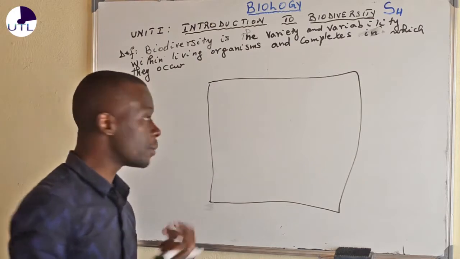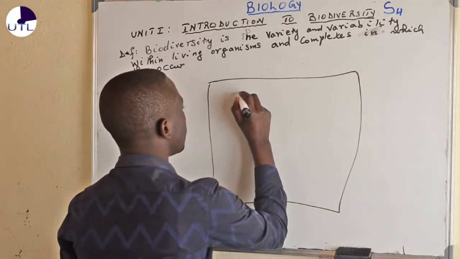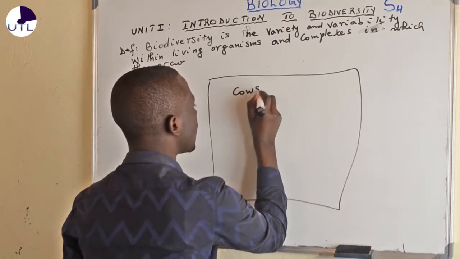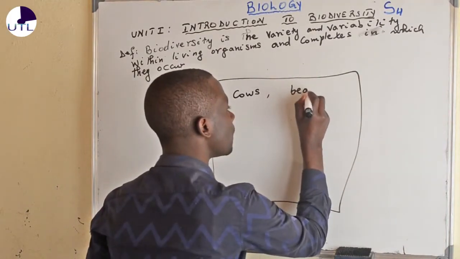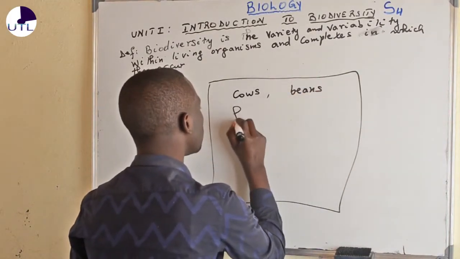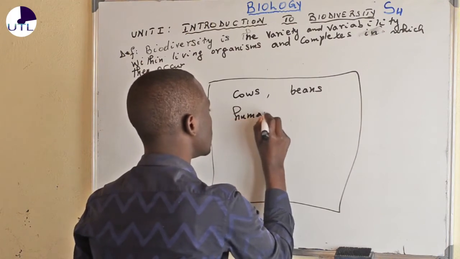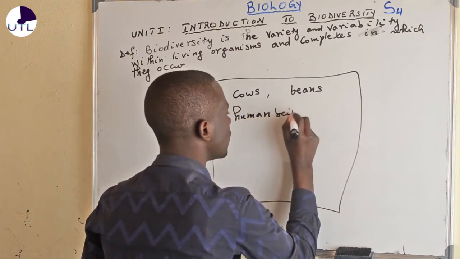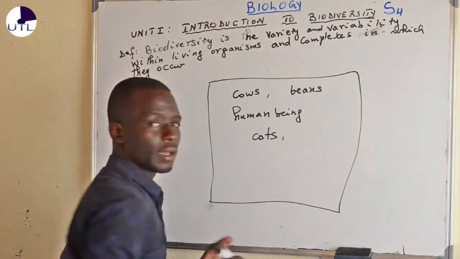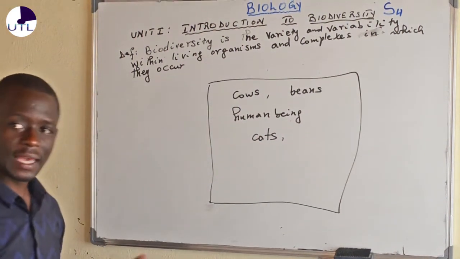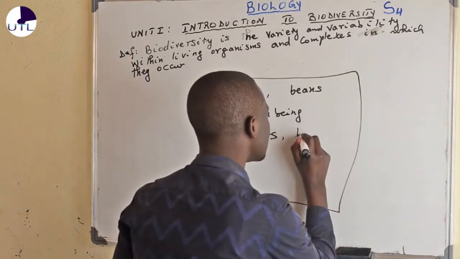In this square, we might have organisms like cows, beans, human beings, cats, and lions.